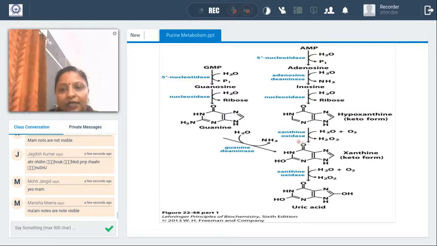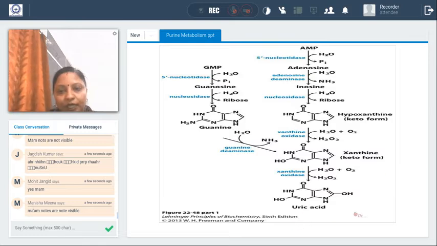From hypoxanthine, in the presence of xanthine oxidase, we first get xanthine and then uric acid, the ultimate product of purine catabolism. This is adenosine, this is hypoxanthine, this is xanthine, and this is uric acid.